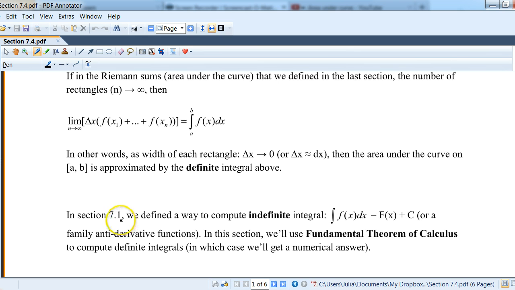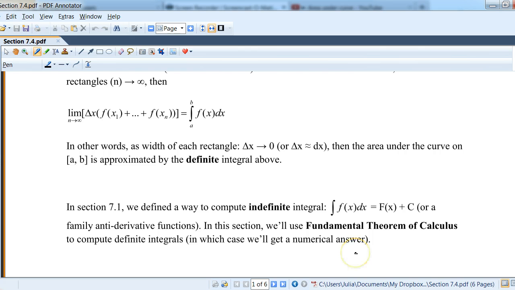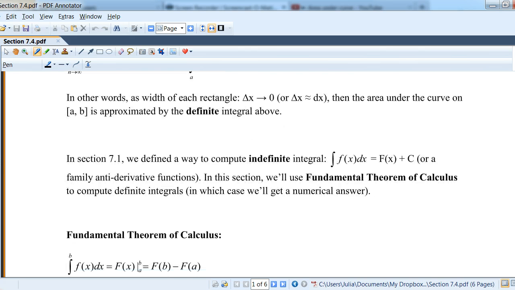In 7.1, not too long ago in the beginning of this chapter, we defined the indefinite integral, which was the integral of f of x dx, which gets the antiderivative plus c, a constant. In fact, we're getting a family of functions. So you get a function as a result, plus a constant. In this section, we're going to get a numerical answer, which is a little bit different, but the idea is very similar.